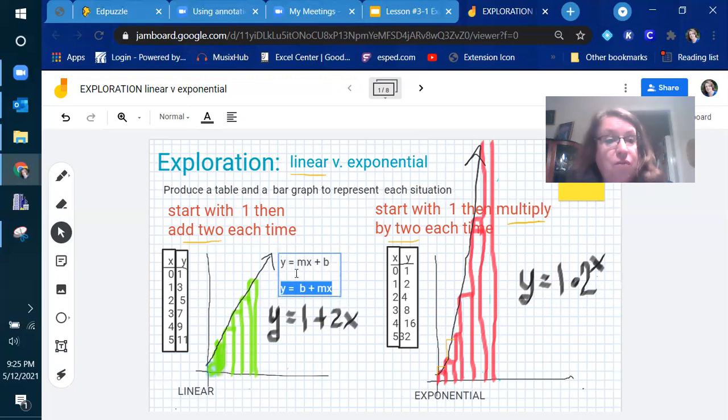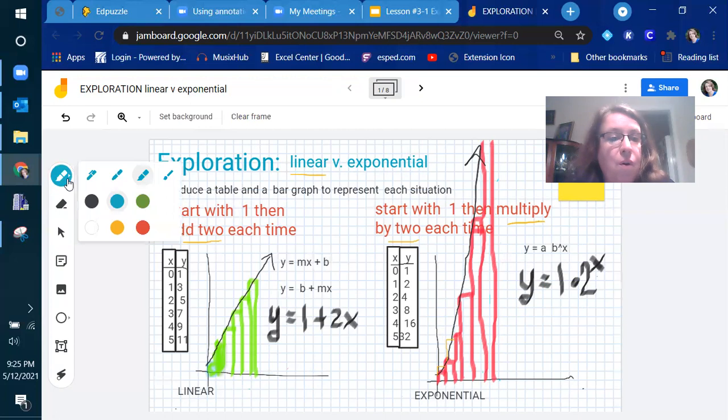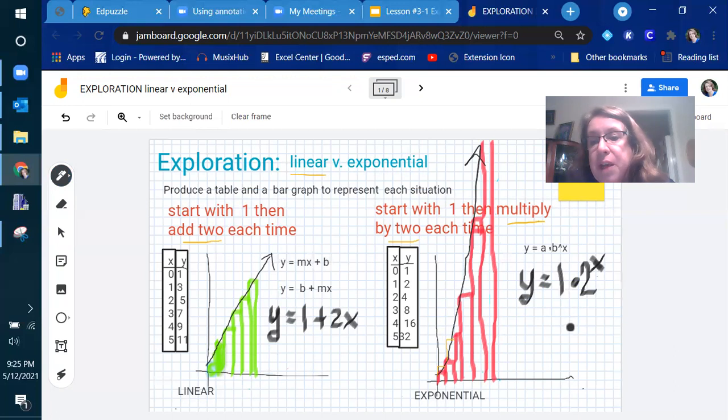And the basic formula that we're going to use for this one is y equals a times b to the x. Usually you can see abx, or you might just see the dot for multiplication. A is the starting amount. So the starting amount here is 1, and b is the multiplier.